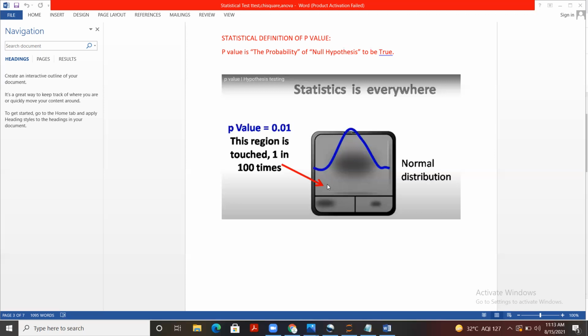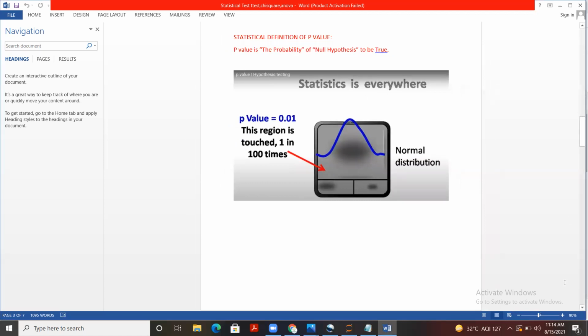So the probability of touching this area, once in 100 times, means the p-value would be 0.01. I have taken some more pictures, so let me go through that part.